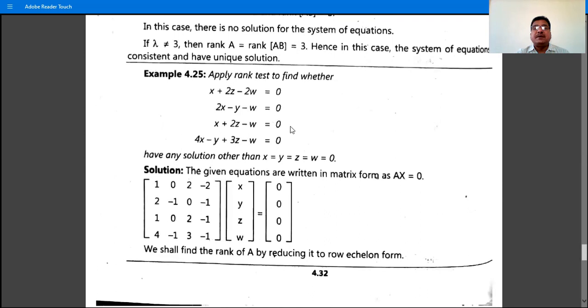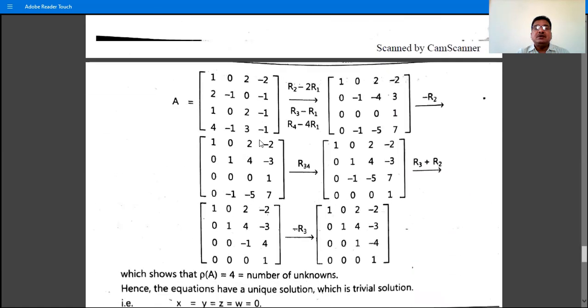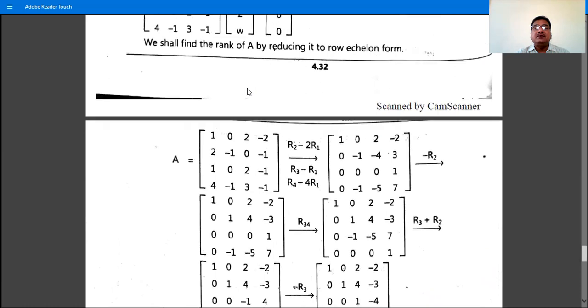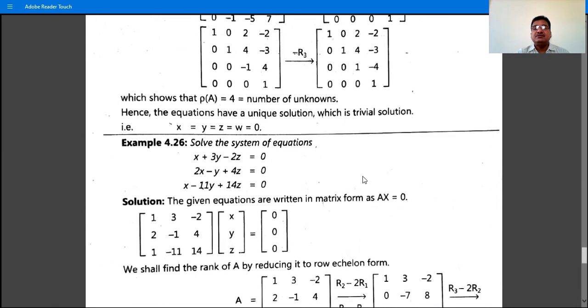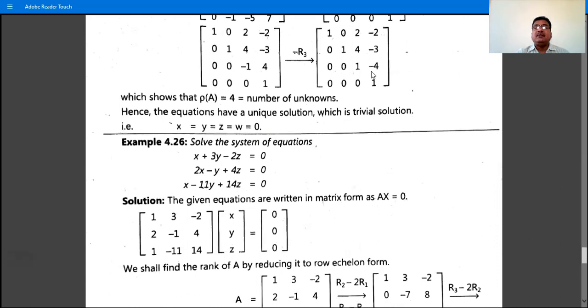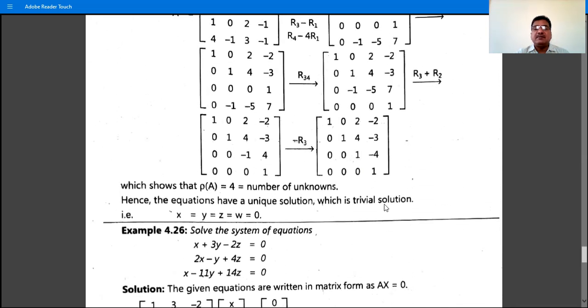Apply the rank test to find whether the system has any other solution than this, that x is equal to 0, y is equal to 0, z is equal to 0. So write the matrix form of the system, then consider the augmented matrix and reduce the matrix to echelon form. And if you observe, rank of A, rank of AB, both are 4 and is equal to the number of unknowns. Therefore, the system has only one solution, a trivial solution. That is x is equal to 0, y is equal to 0, z is equal to 0, and w is equal to 0.